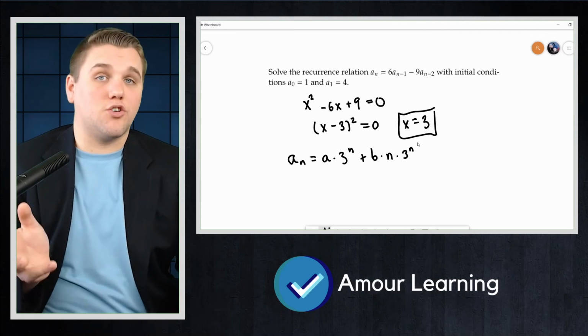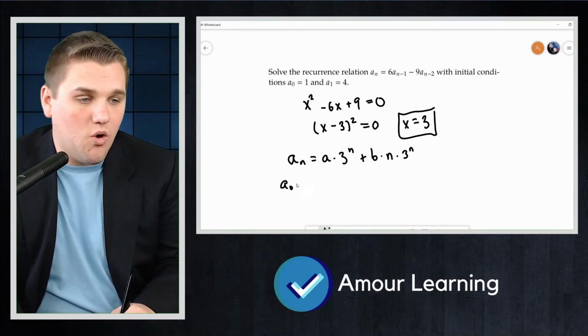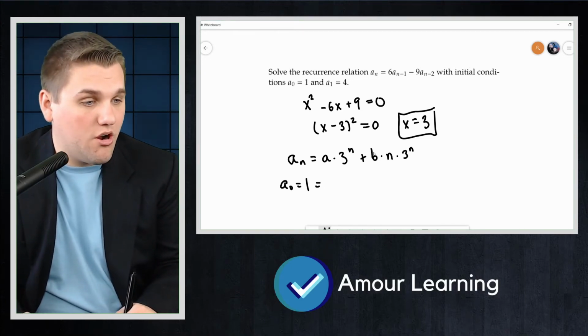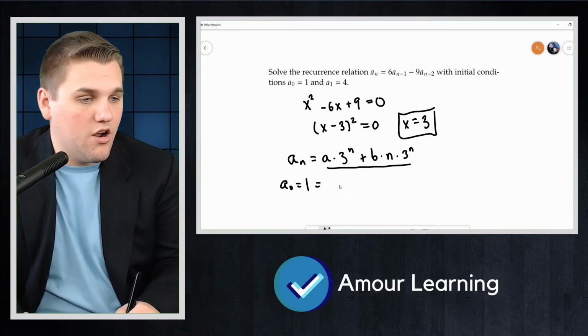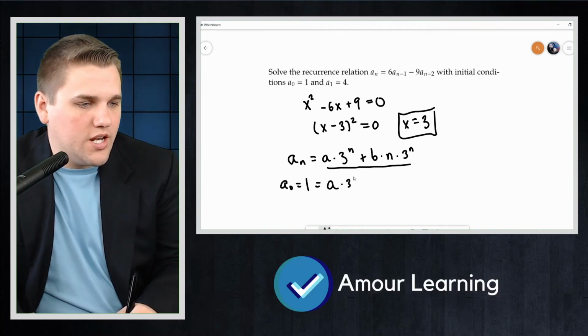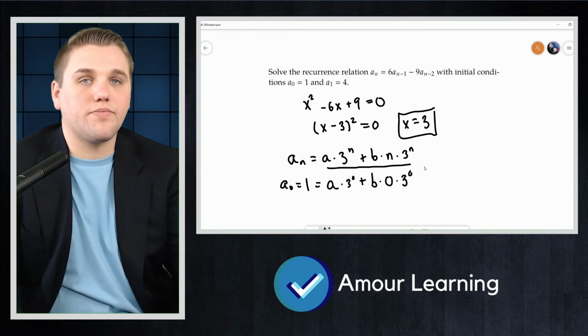Now use the initial conditions. We know that a0 equals 1, which, if we plug n equals 0 in, gives a times 3 to the 0 plus b times 0 times 3 to the 0.